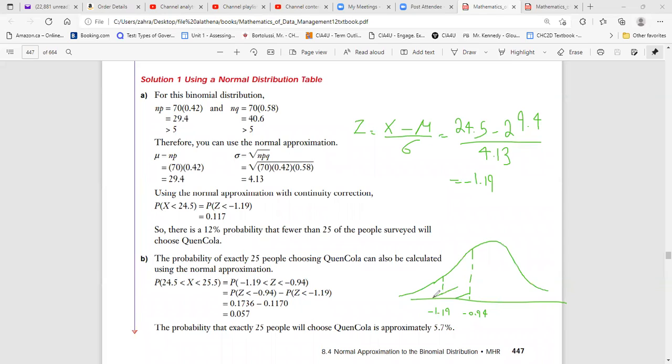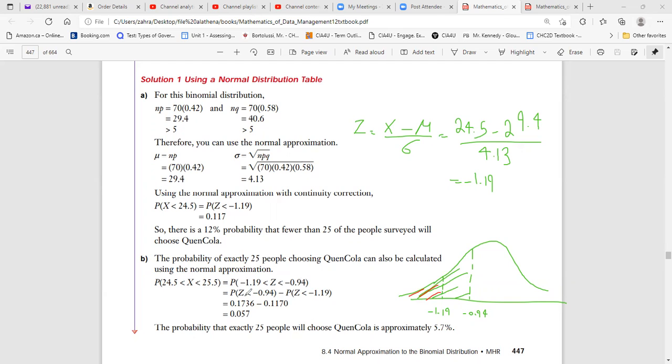To find the area between them, you find the area less than negative 0.94, which I denote here in green, and you subtract the area less than negative 1.19. If you subtract that one from the green area, you get the area between these two numbers.